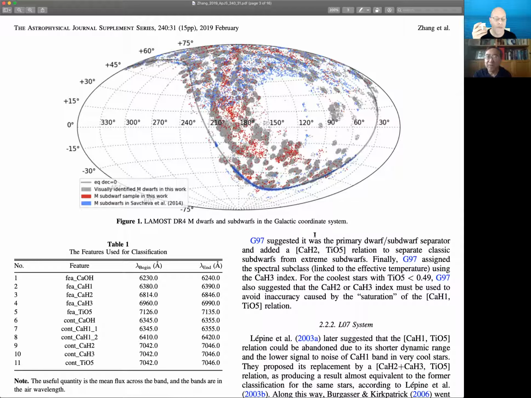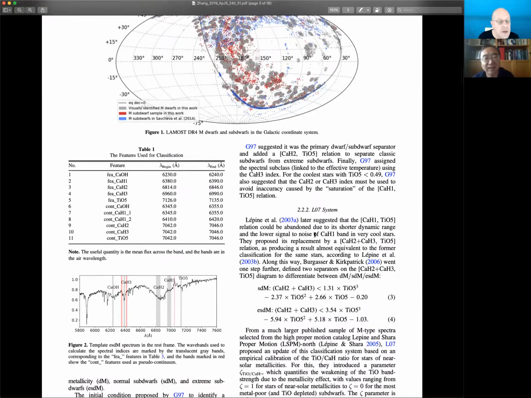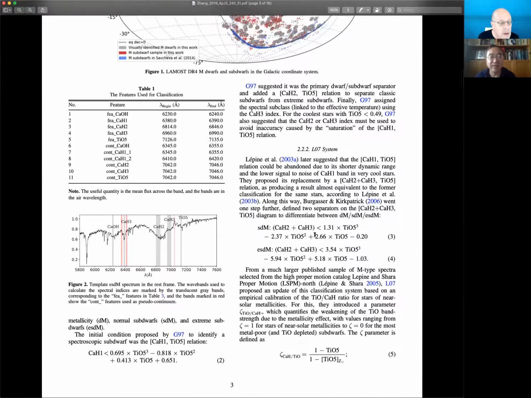But after we checked, we found that Lépine rejected the CaH1 criterion used by Gizis, and just used CaH2 and CaH3 versus TiO5. Please see Figure 3. Figure 3 shows the features used in the classification.